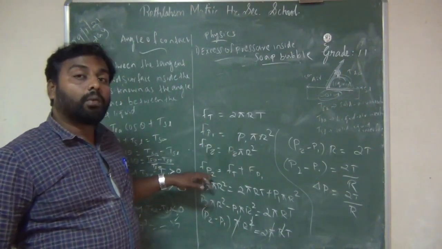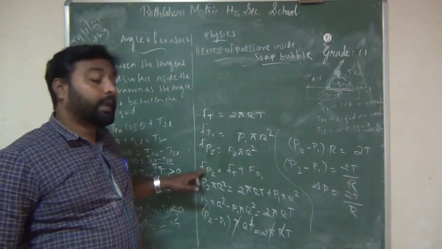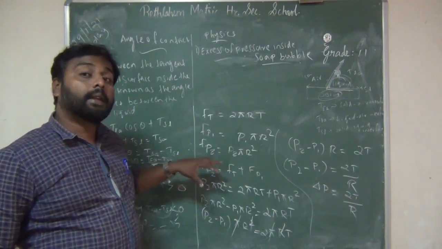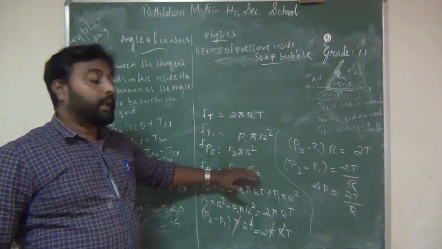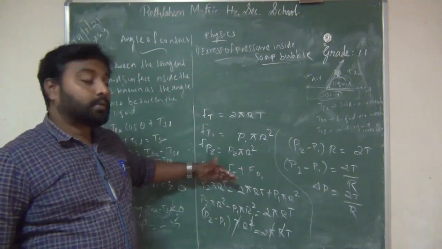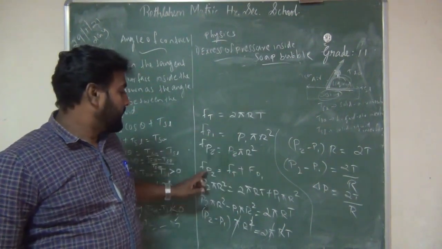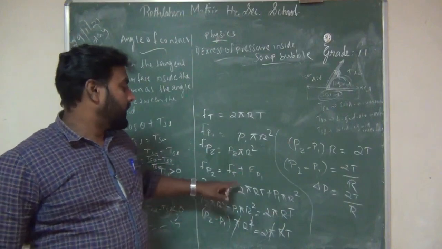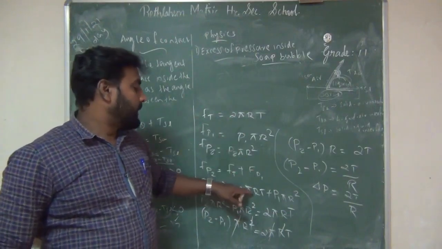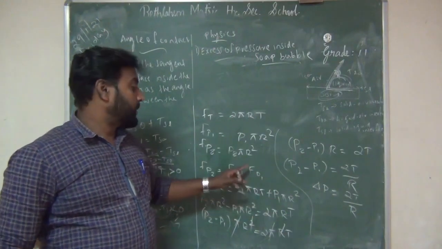Now to find the excess pressure, the inside force Fp2 equals Ft plus Fp1. Substituting, P2 pi r square equals 2 pi r T plus P1 pi r square.